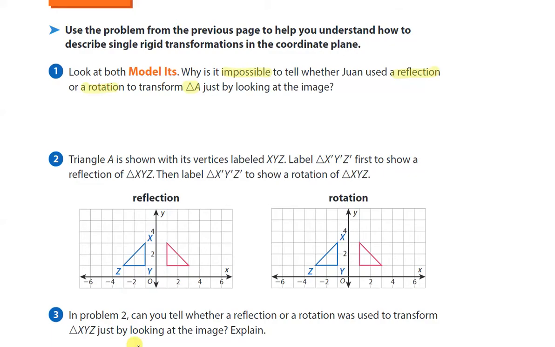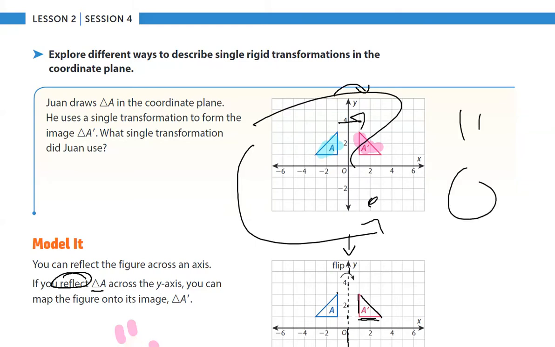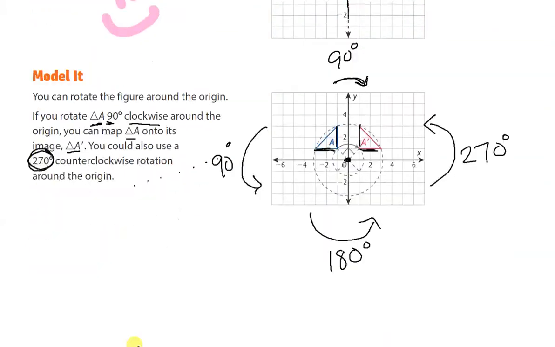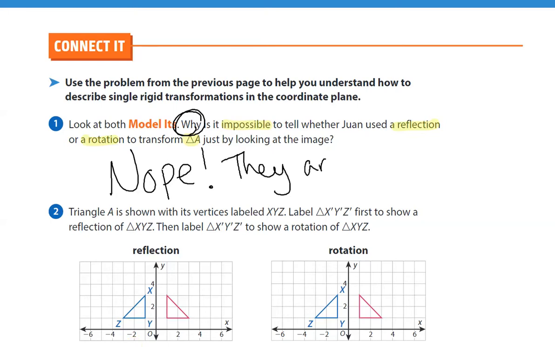Well, does it give you any indications of which way it moved? Does it say it moved that way? No, it doesn't say anything. So, no. Actually, it says why. Let's get even more specific.